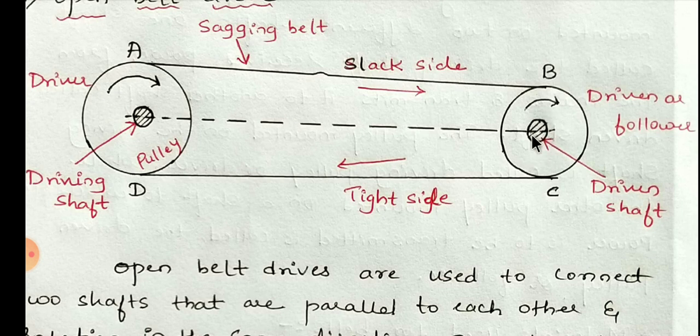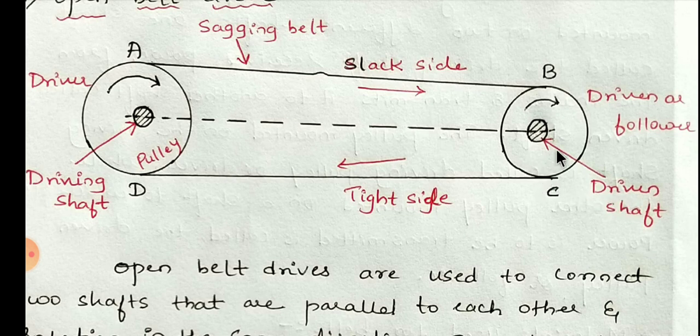These two pulleys are mounted on the shafts, one shaft called the driving shaft, which receives power from the mains and transmits it to the other shaft called the driven shaft.